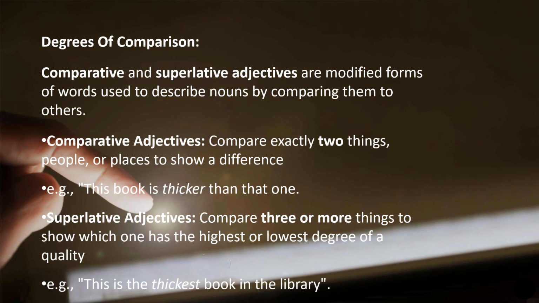For example, this book is thicker than that one. Superlative compares three or more things to show which one has the highest or lowest degree of quality. This is the thickest book in the library. When we are talking about superlative, we talk about the highest or lowest degree of a quality.